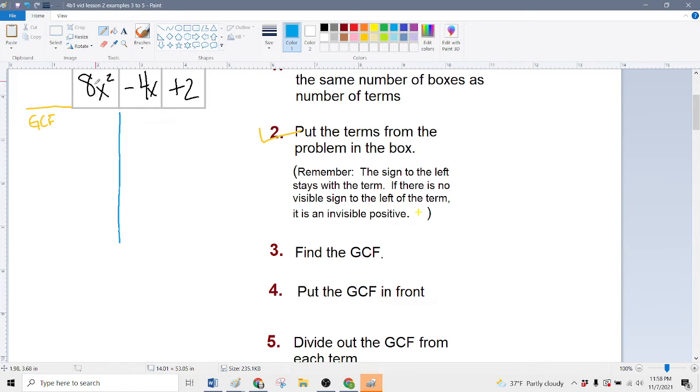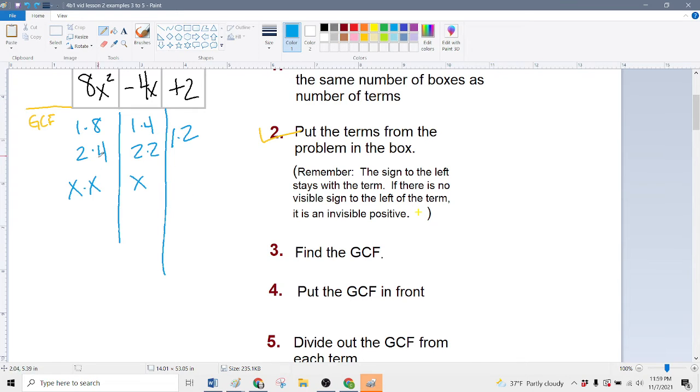So for this first term, we would look for the factors of the number part, and then, of course, the factors of our variable part. Here we've got 1 and 4, 2 and 2, and then an x. But on this last one, all we've got is the 1 and the 2. And do we have any x's? No, we don't. So we don't even have a variable part here.